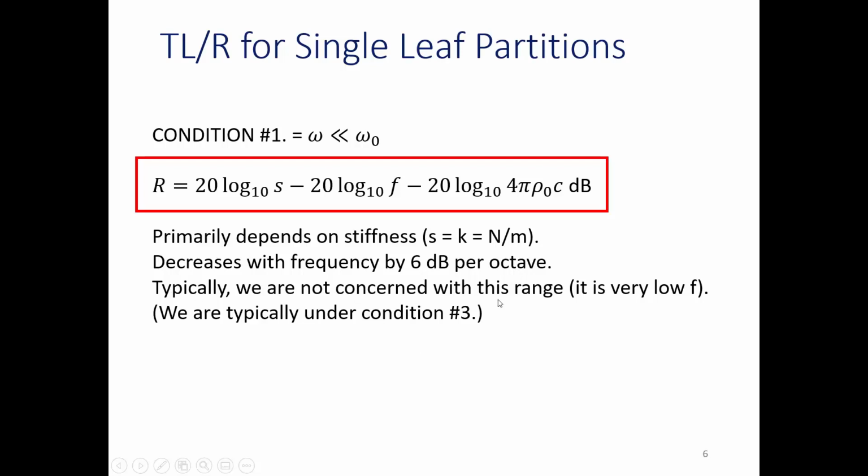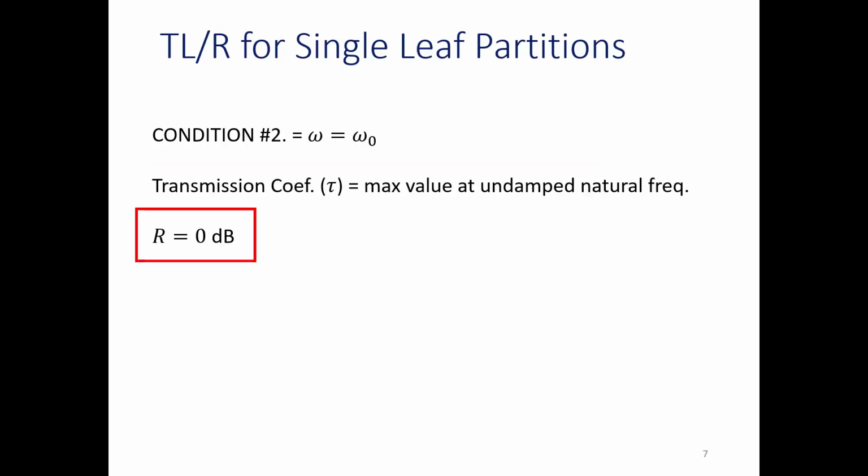Typically, we are not concerned with this range. It is very low frequency, so this is usually going to be at frequencies lower than what we're looking at. Condition 1 and condition 2, it's good to know these equations, but we're probably not really ever going to be dealing with them. It's mostly just 3, but we'll cover them here quickly.